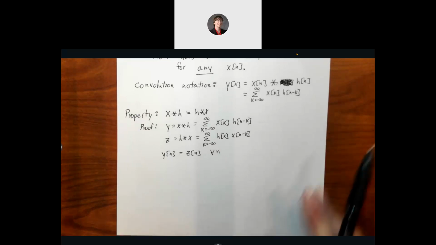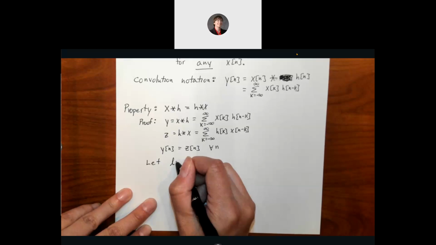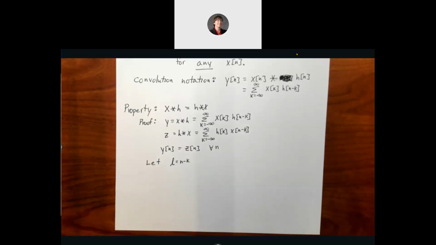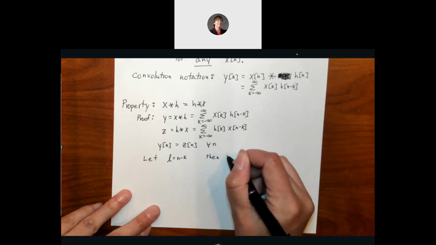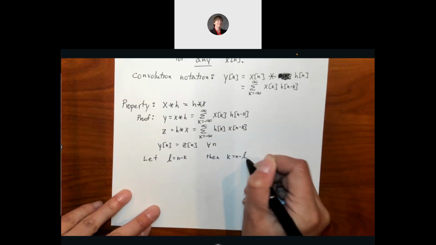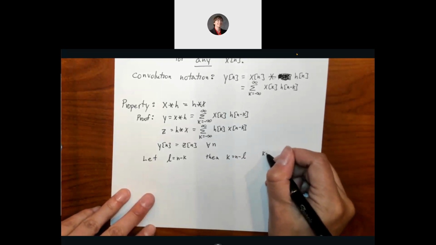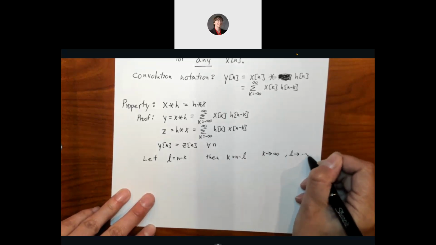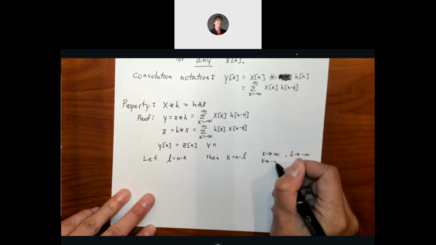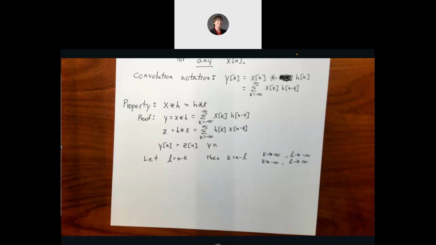Because what I can actually do is substitute in. So if I say we'll just call this L be n minus k, so k is equal to n minus L. So k, as that goes to infinity, L is going to go to minus infinity, and vice versa.